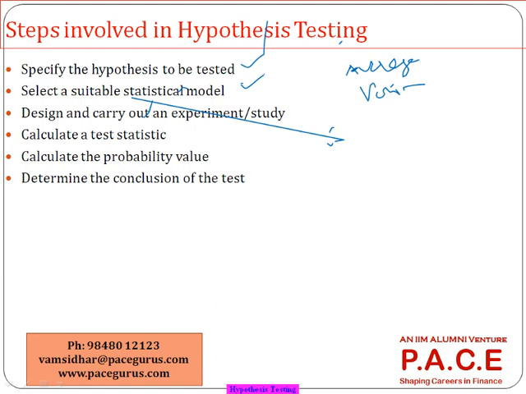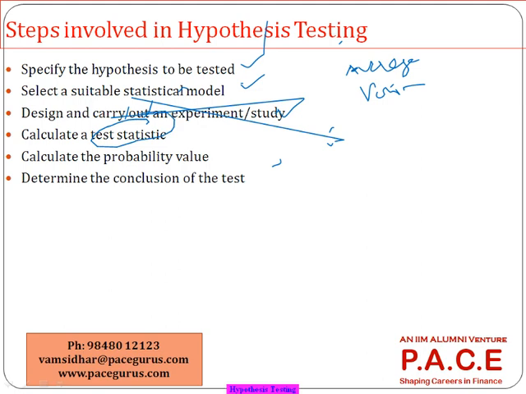And based on that, carry out the design of the experiment or the study, which means collect the data from the sample accordingly. It could be through a secondary source, or it could be data that you get through an experiment. You conduct the experiment or you collect the data from a secondary resource, but collect the data and calculate what is called the test statistic.